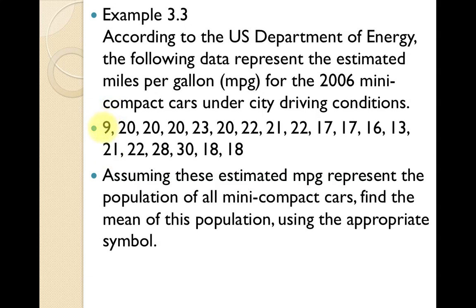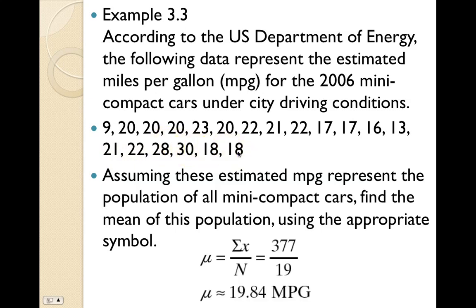And how many do we have in our population? 1, 2, 3, 4, 5, 6, 7, 8, 9, 10, 11, 12, 13, 14, 15, 16, 17, 18, 19. Okay, so we take the sum of all the data values, divide by the total number of data values in the sample.